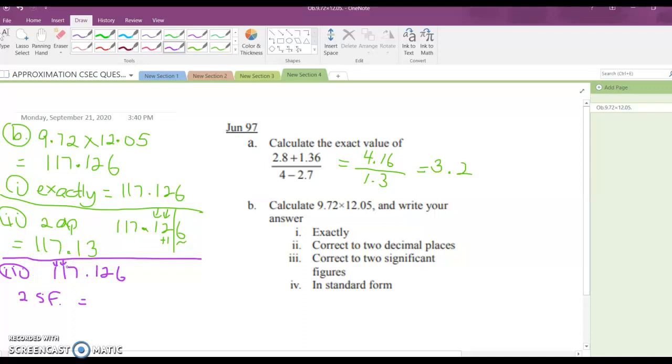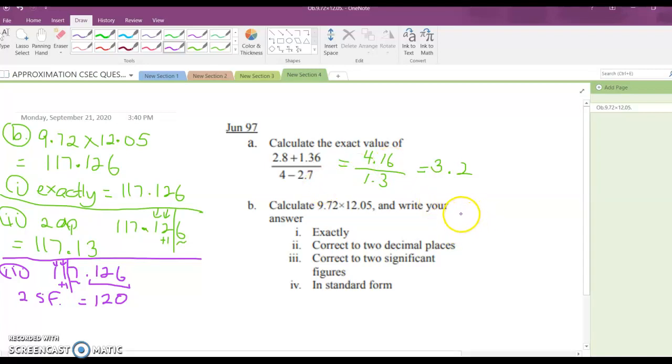And then the next one is my second significant figure, so I'll draw my line after that. The number right after the line, that 7, is greater than 5, so I add 1 to the number before the line. So I get 1, and then 1 plus 1 is 2. Remember, any number before the point, you have to replace with a 0. The numbers after the point, you do not put in zeros for. Remember, I explained all this in the previous videos, so look back at those videos if you need a refresher.